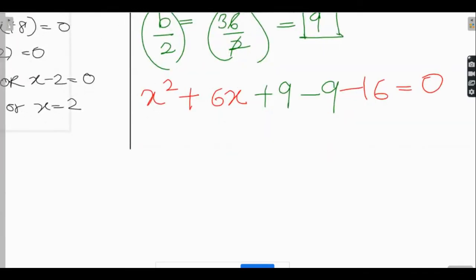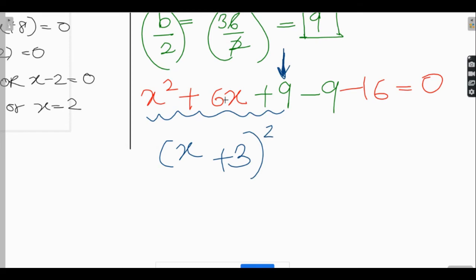Now, is it not like the formula a square plus 2ab plus b square? So this entire term can be written as x, the first term, plus, because all are plus, the square root of the last term, so 3. Can I write this term as x plus 3 the whole square? It is the same only.